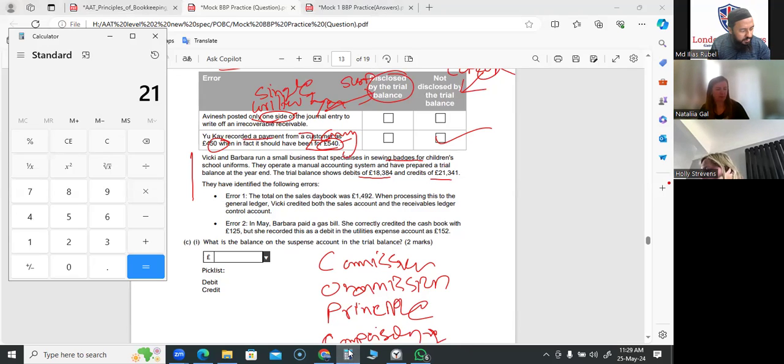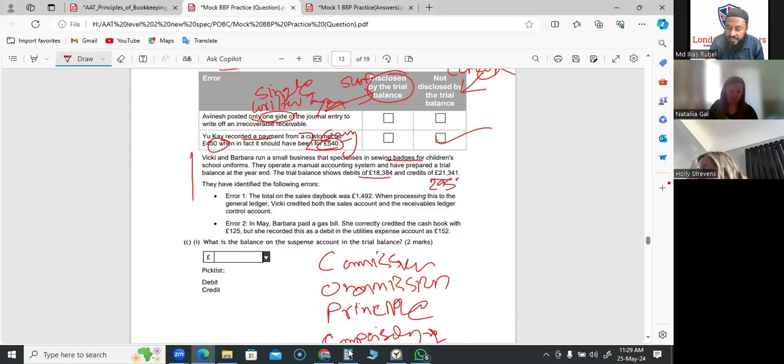So 21,341 minus 18,384. How much? 2,957. It is better to write it down. You see, we open a suspense account, and on the debit side we write TBD, trial balance difference, 2,957.